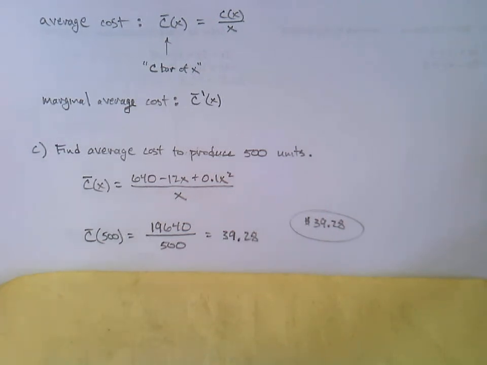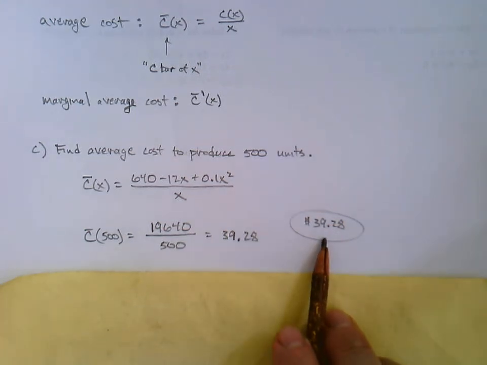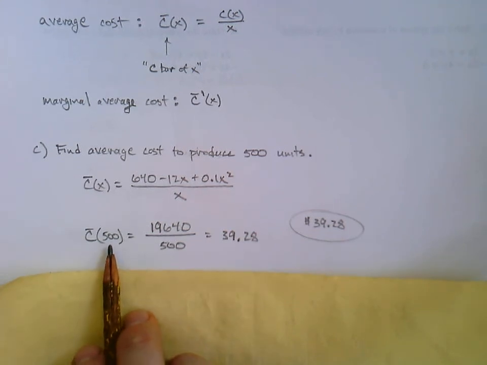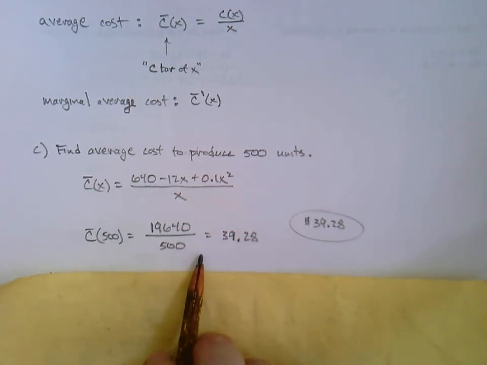Now, this is really interesting. A moment ago, we found the 501st unit to cost over $88, $88.10. But now we're saying the average is only $39.28. What's going on? Well, it turns out, somewhere along the way, these items were really cheap.